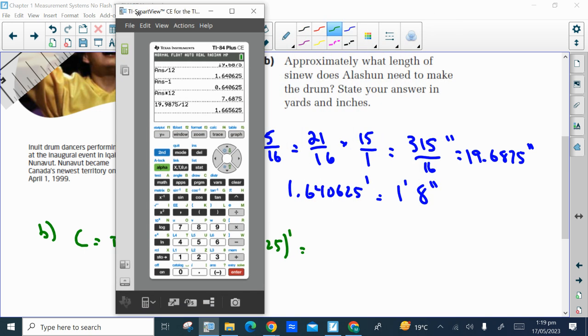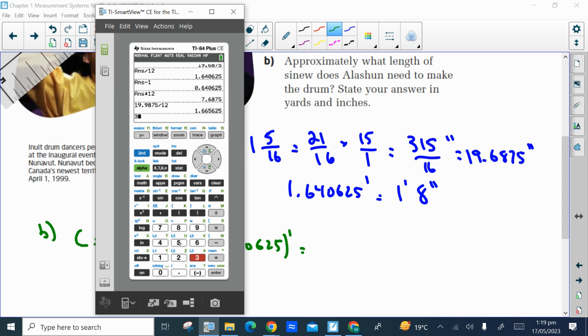I just want to check this. That came from 315 over 16.